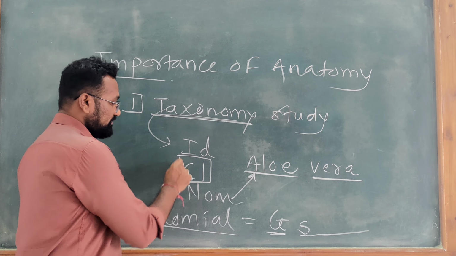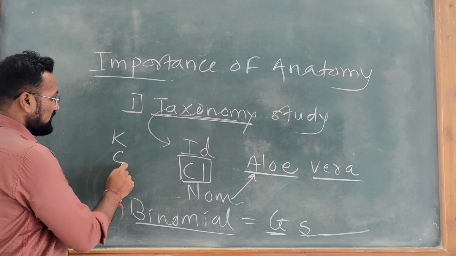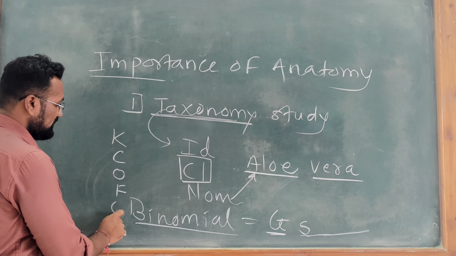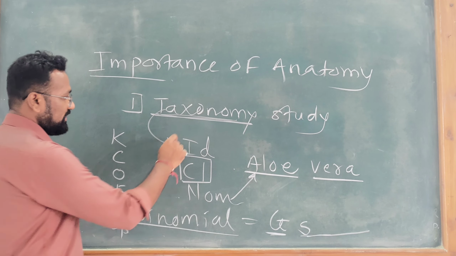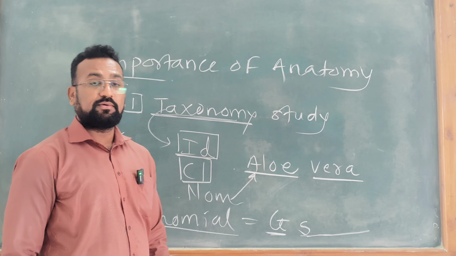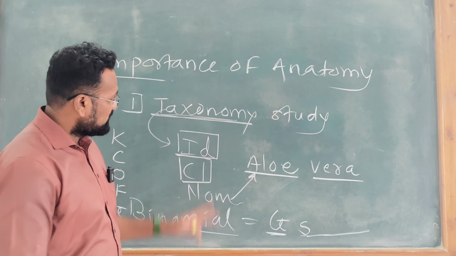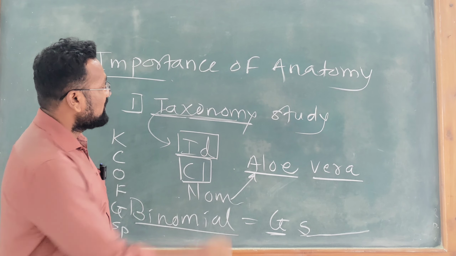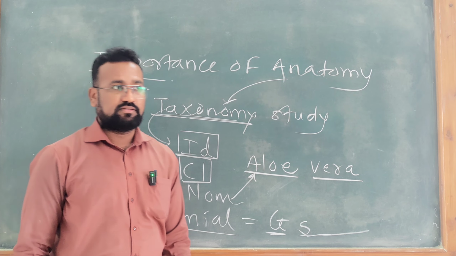Classification means classifying that particular plant according to kingdom, class, order, family, genus, species. Identification means, yes, you know that it is a plant, but it belongs to the dicots, a particular family, genus and species. Included in taxonomy, anatomy will help us in taxonomic classification.